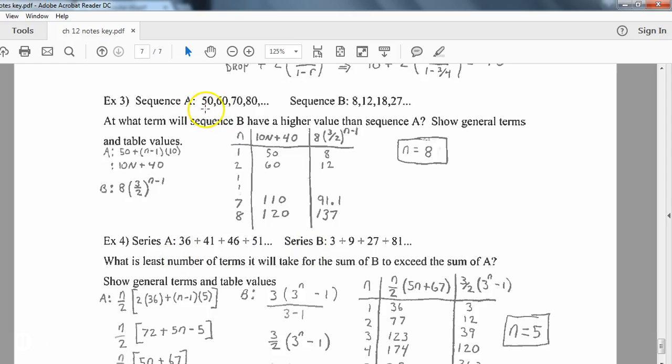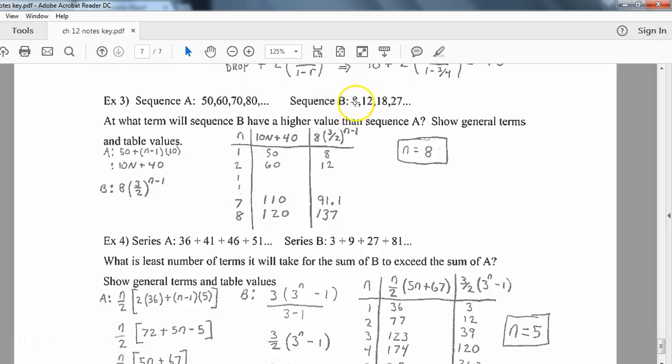So take a look. In sequence A, you start with 50, and you are adding 10 every time in this arithmetic pattern. Sequence B starts with a smaller amount, but this is a geometric pattern, and because it's geometric, that means it's going to grow at a faster rate than the arithmetic.